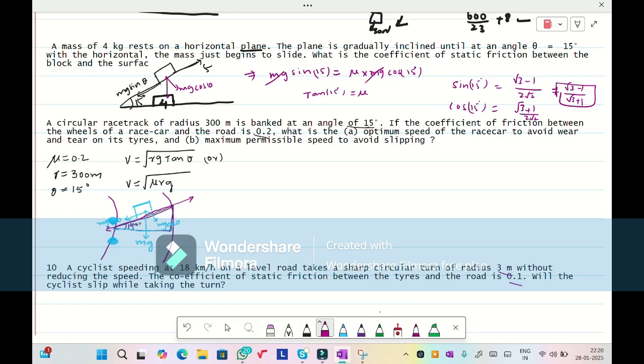The direction of the friction, outwards or inwards, depends on the speed, whether maximum speed or minimum speed is required. I will give the clarity on that. Now to the surface there will be a normal force, perpendicular normal force. So the normal force is resolved again into two components.